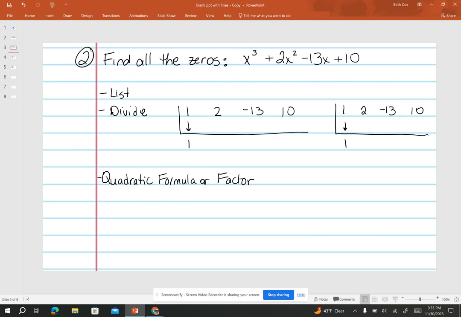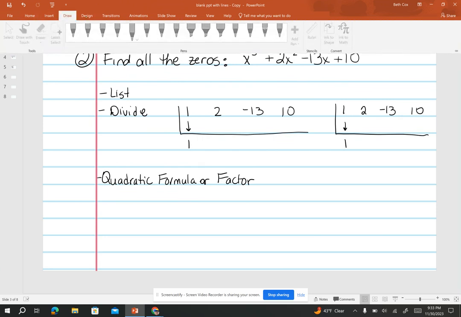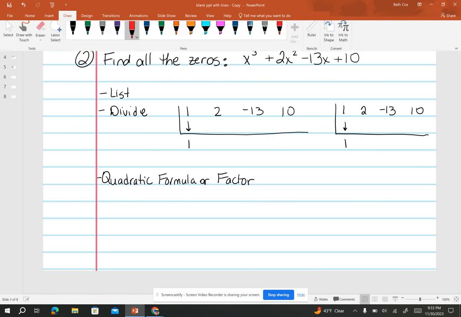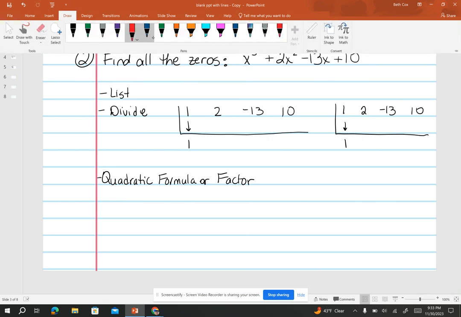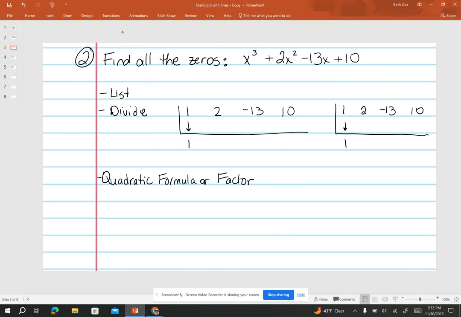So the first thing we're going to do is we're going to list possible zeros. So our possible zeros are found by doing the factors of the last number, which is 10, divided by the factors of the first number, which is 1. So factors of 10 are going to be positive and negative 1, positive negative 2, positive negative 5, and positive negative 10.